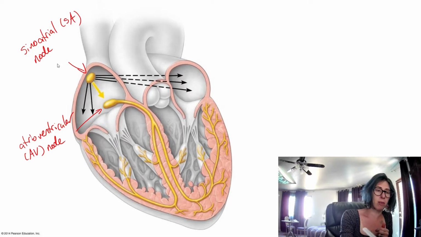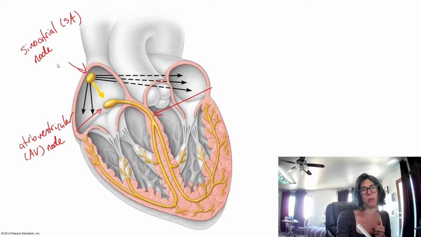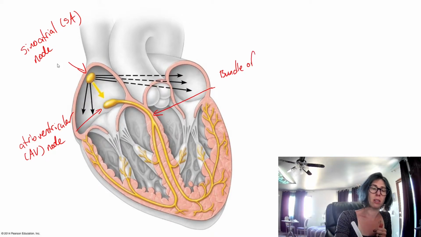Then we have this, and there are two names for it. You can call it the bundle of His, or the atrioventricular bundle.